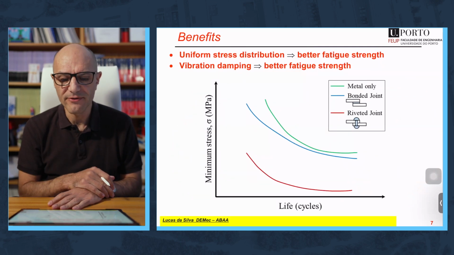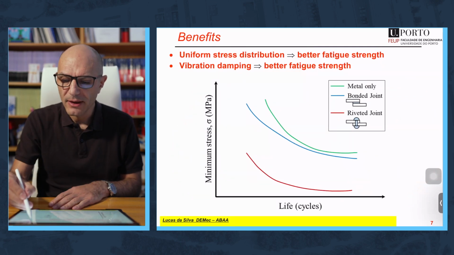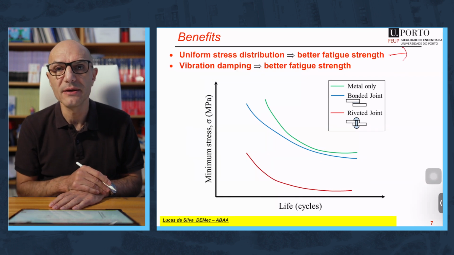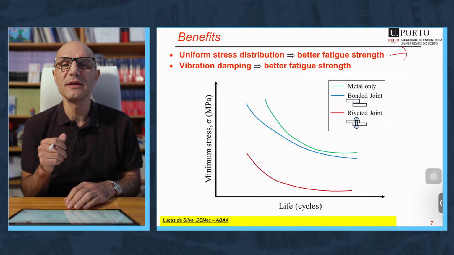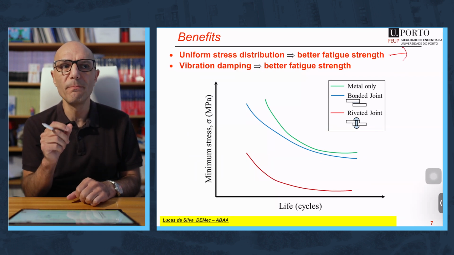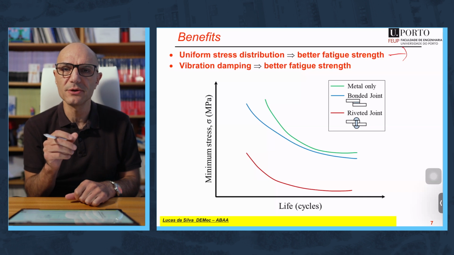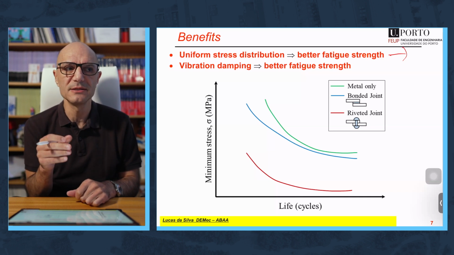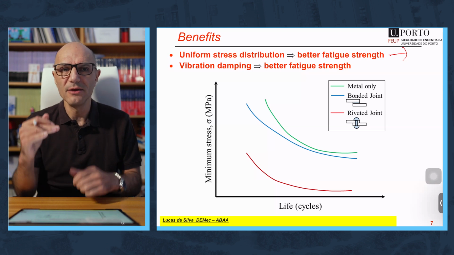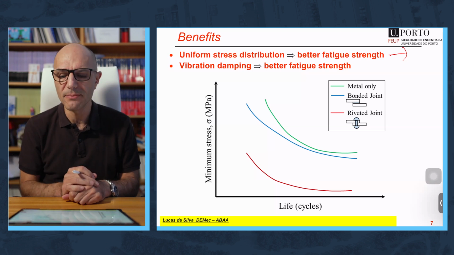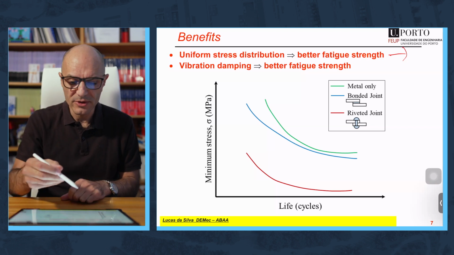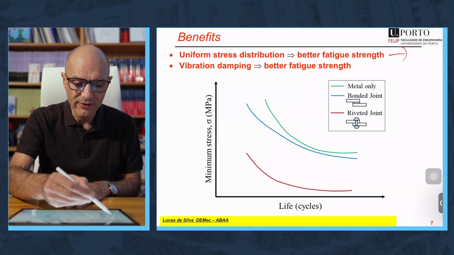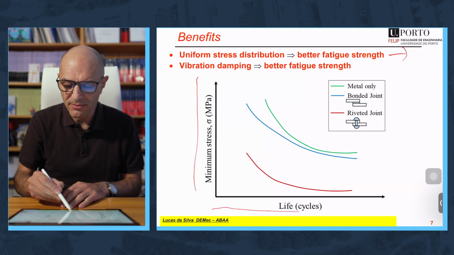Because you have a better stress distribution, this leads to a better fatigue strength, because fatigue is very linked to peak stresses that you have in the structure that might damage locally the structure and put it in plasticity and eventually crack it. If you don't have these peaks, then it's a better fatigue behavior, which is shown here in this graph, where you have the stress applied versus the number of cycles.